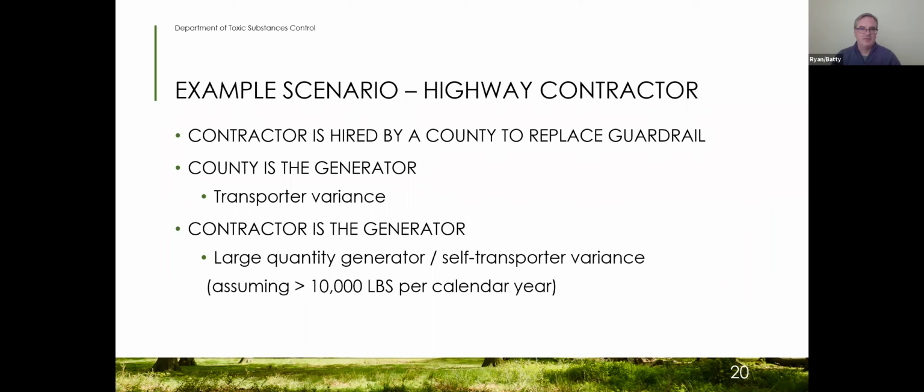So that would be the minimum you would need. And then a different scenario would be if the contractor is the generator, then you would be looking at potentially needing a generator variance. And I put large quantity generator there because I'm assuming if you're conducting this type of work, you probably would exceed 10,000 pounds per calendar year. So it depends on who the generator of the waste is. Next slide, please.